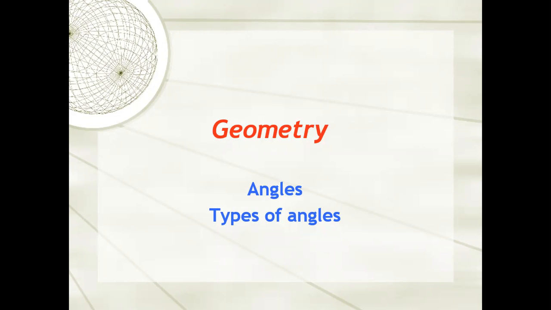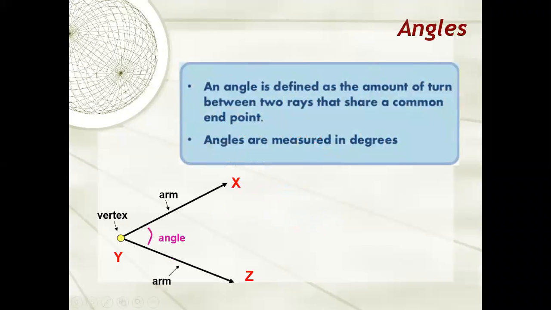You can see the definition of angle in front of you. An angle is defined as the amount of turn between two rays that share a common endpoint. First of all, I will tell you what a ray is.